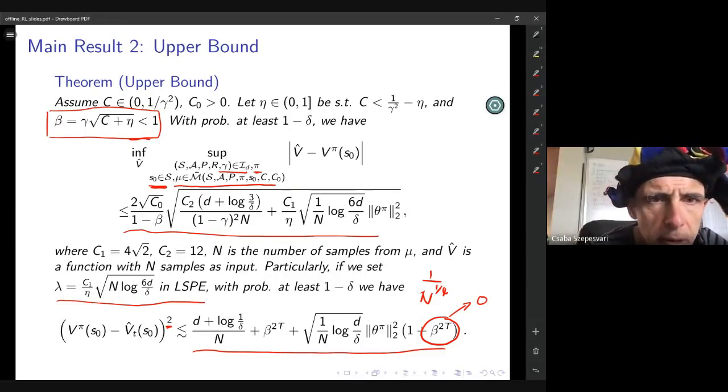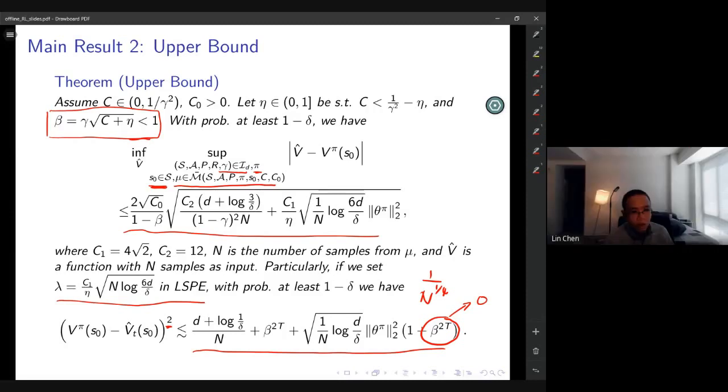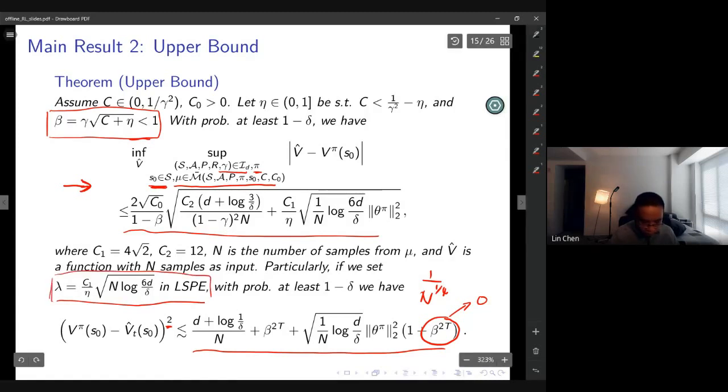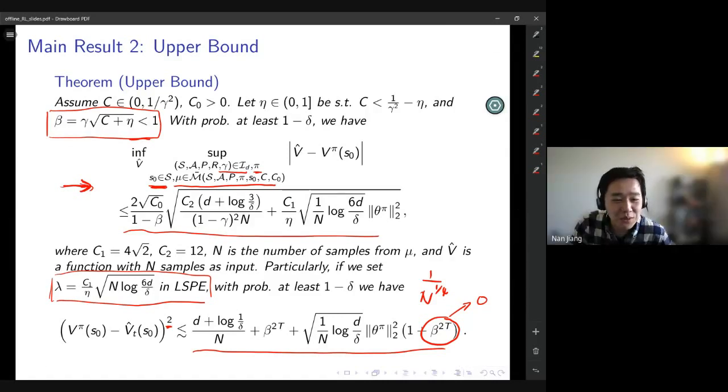Actually, in this result there's no lambda involved, because there's an inf over v hat.